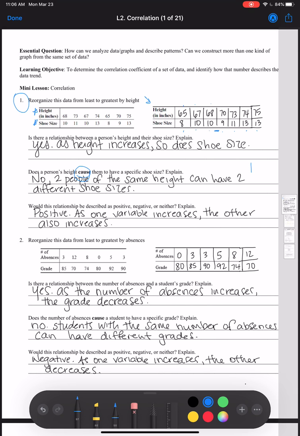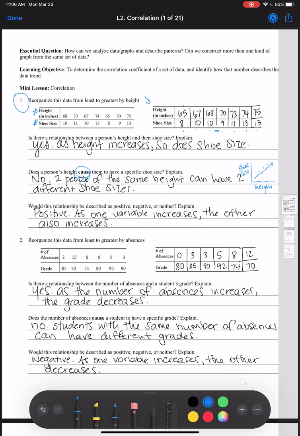So if you were to show this graphically, that's going to be height, and shoe size. As height increases, shoe size increases. And if we were to plot these points, you would find that they're scattered around that line.